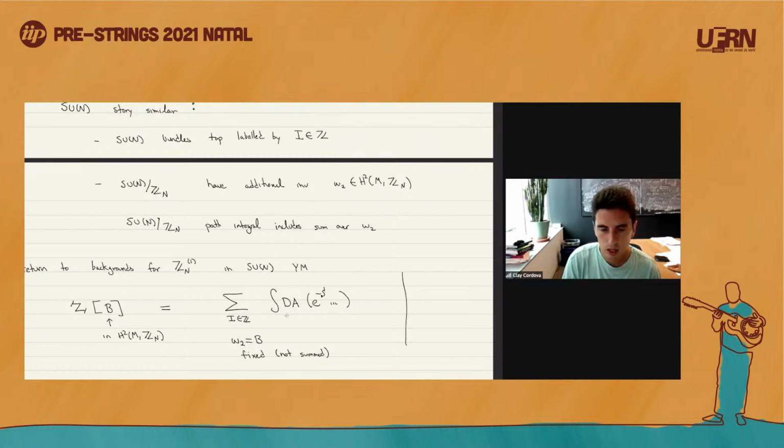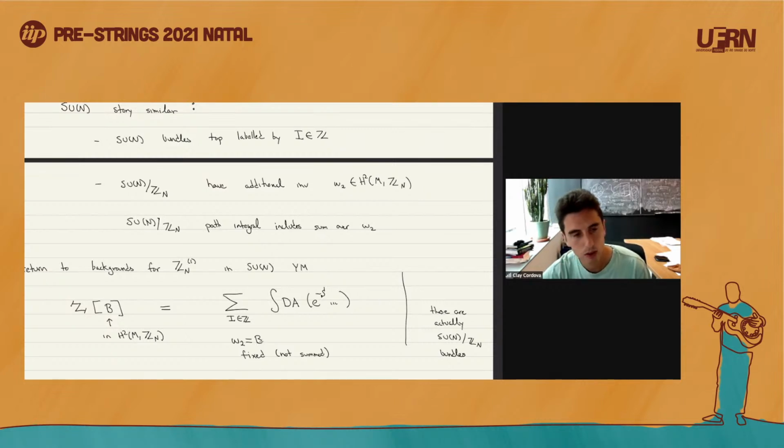So in case it is not clear from what I said before, when we're summing over I, these are actually not SU(N) bundles anymore. They're SU(N) mod Z_N bundles, because w2 is equal to B, which is not in general 0.